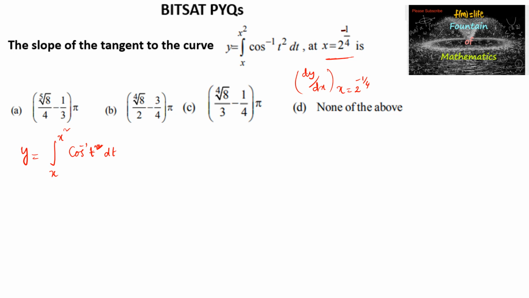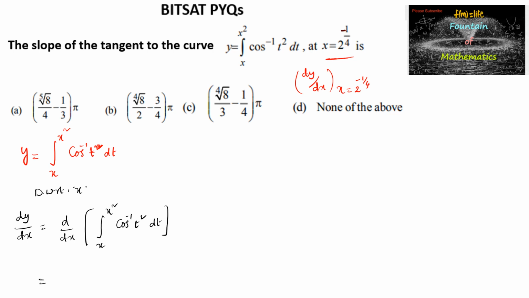So here we can write, differentiating with respect to x, dy by dx is equal to d by dx of the integral from x to x square of cos inverse t square dt.